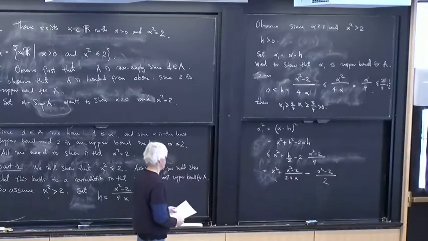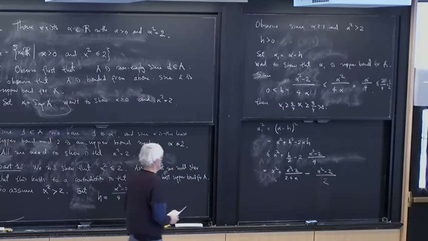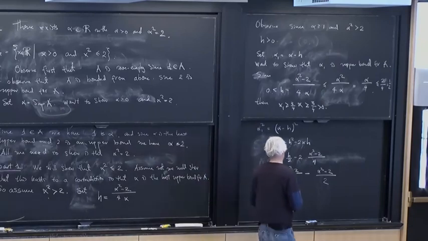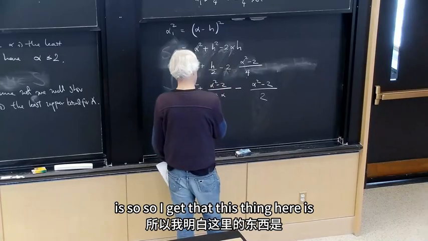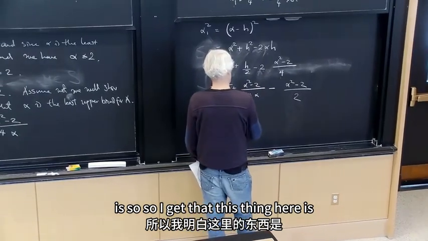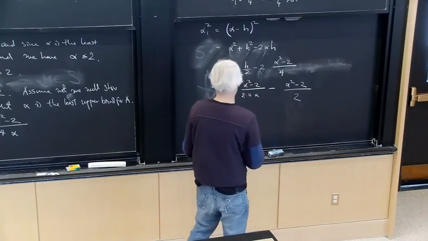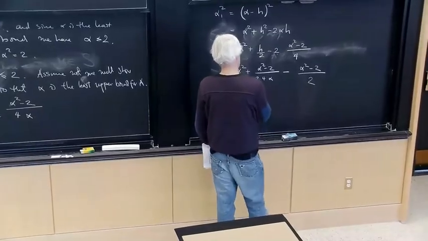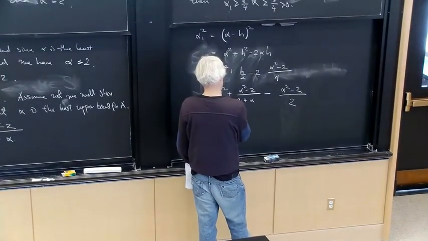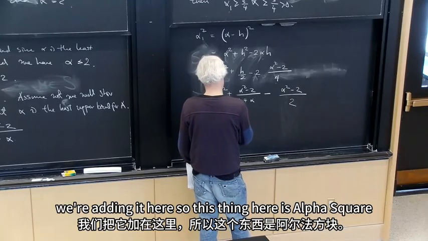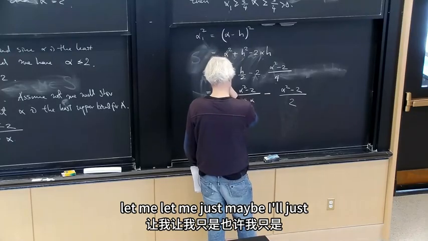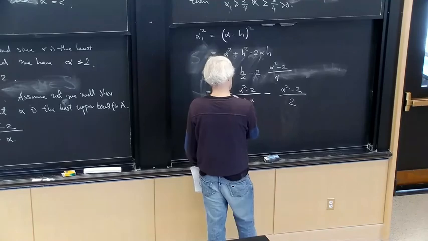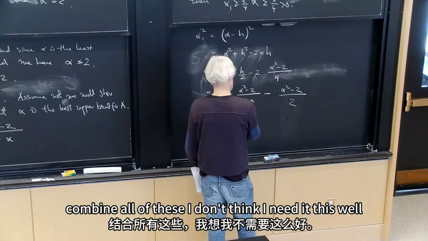So this is what I have. We are adding it here, so this is alpha squared. Let me just bring these two together and combine all of these. I don't think I need it this well.